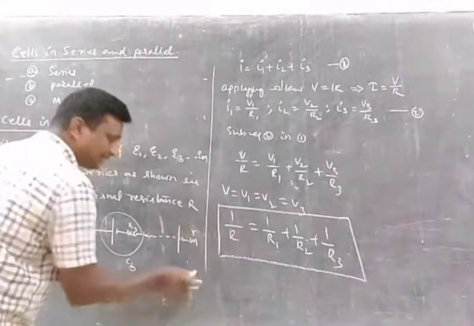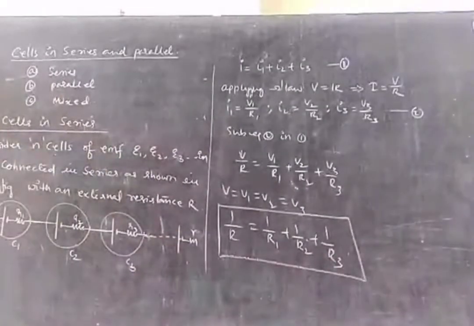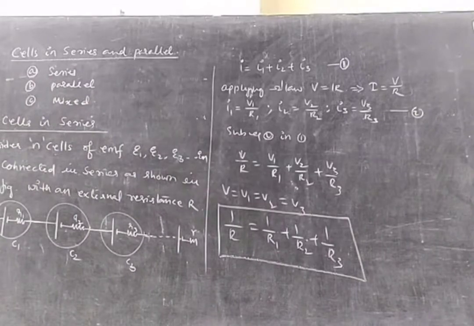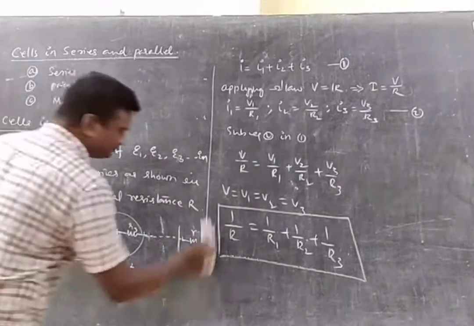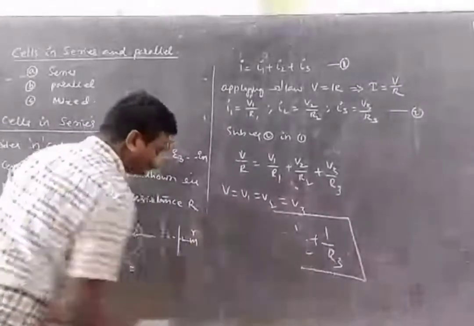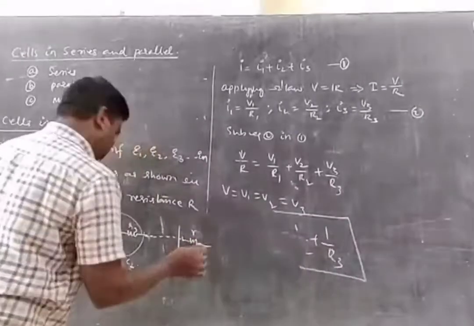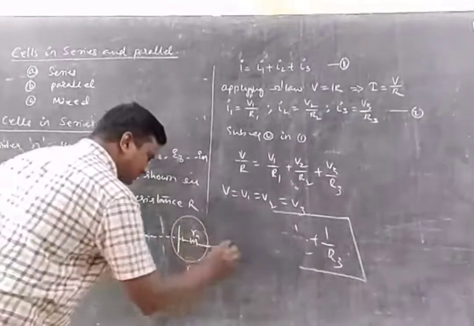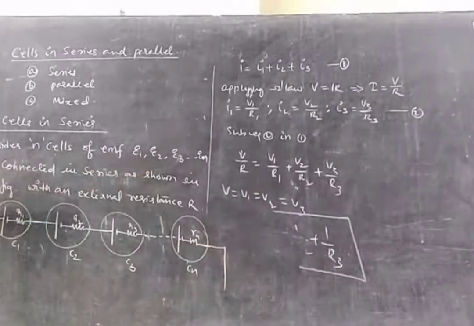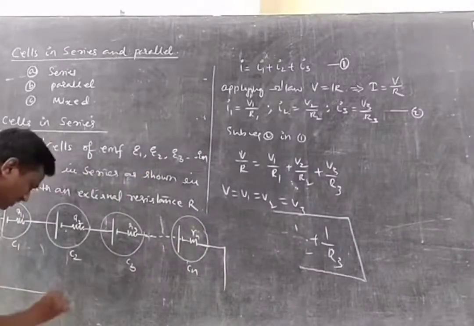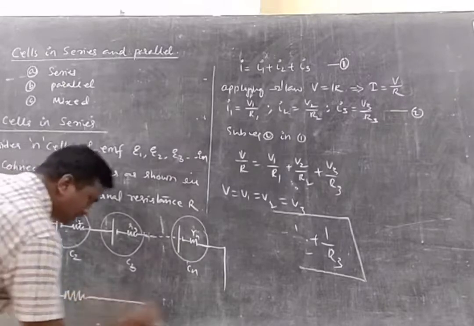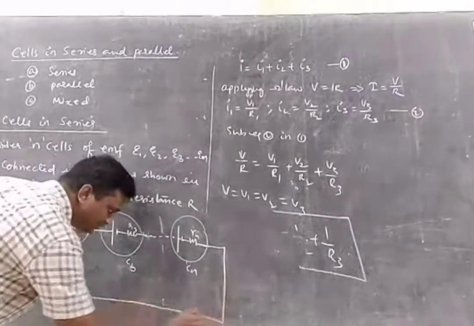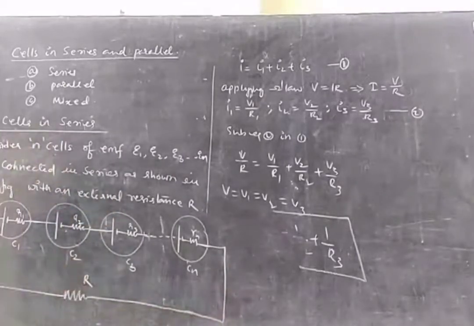So on, cell Cn with internal resistance Rn, connected to external resistance R. Children, all of you please draw the diagram.